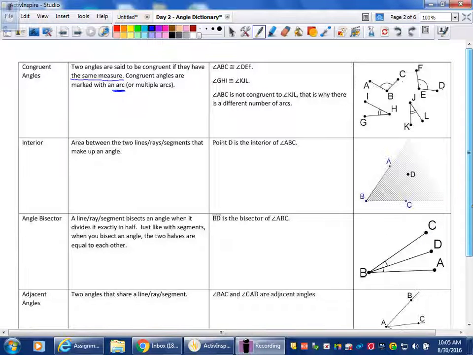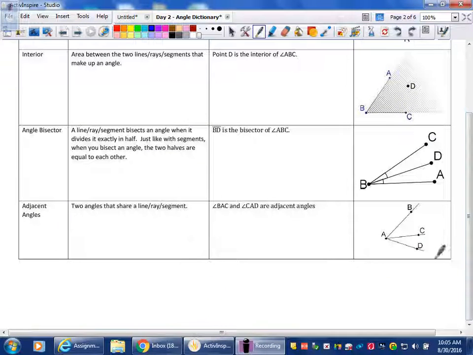An angle bisector, well, we know what bisector means. Bisector means it cuts it in 2 equal halves. So an angle bisector is a line, a ray, or a segment that cuts an angle in half. Just like with segments, you bisect it, the 2 halves are equal to each other.